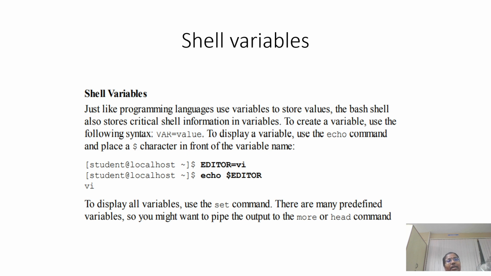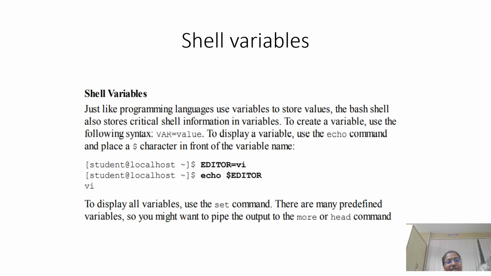Just like programming languages use variables to store values, the bash shell also stores critical shell information in variables. To create a variable, use the syntax variable equal to value. To display a variable, use the echo command and place a dollar character in front of the variable name. Here the variable editor is equal to vi.